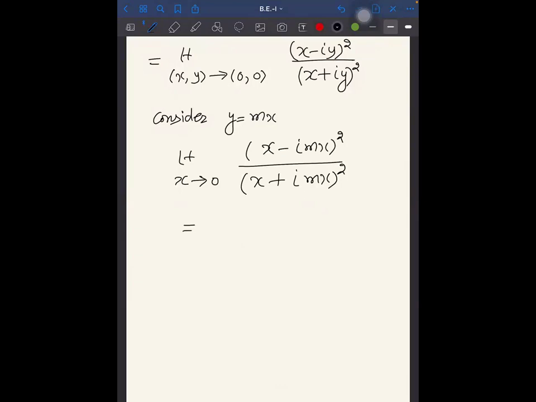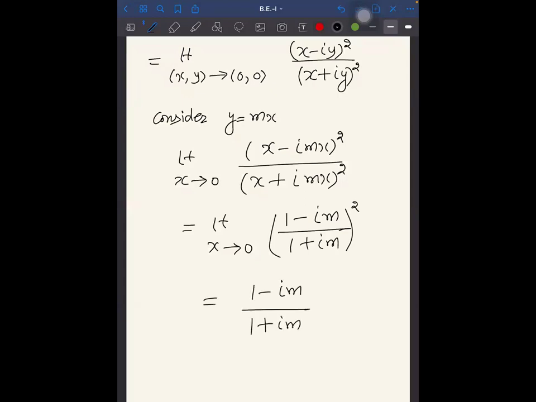So that will be the limit as x goes to 0 of (1 minus iota m) upon (1 plus iota m) whole square. Right? You're with me? Yes, sir. So we don't need the limit here since we are able to remove the x.